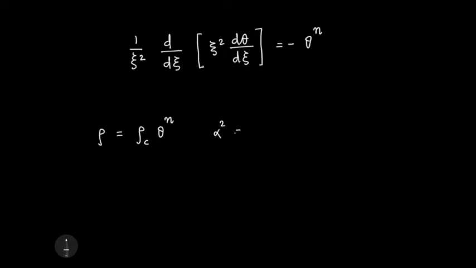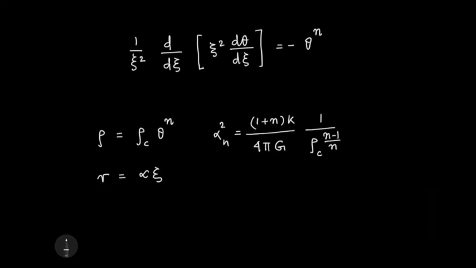We defined alpha square to be (1 plus n) k by 4 pi G times 1 by the core density to the power (n minus 1) by n. Let's call this alpha n because this will be different for two different types of polytropes. And our definition of xi is that r equals alpha times xi.